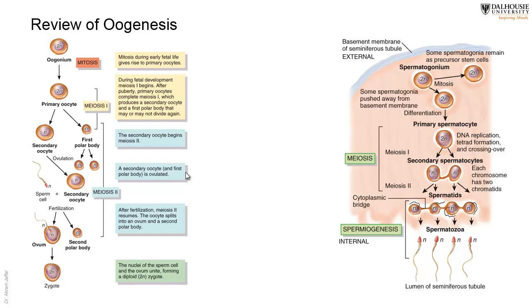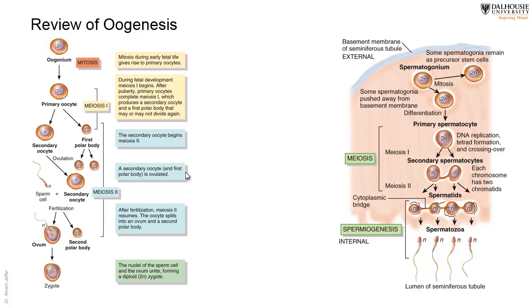And here, if you compare it with spermatogenesis, there is no spermiogenesis. At the final stage of spermatogenesis, there are morphological changes in the shape of the cell. Here, there are no morphological changes in the shape of the cell.